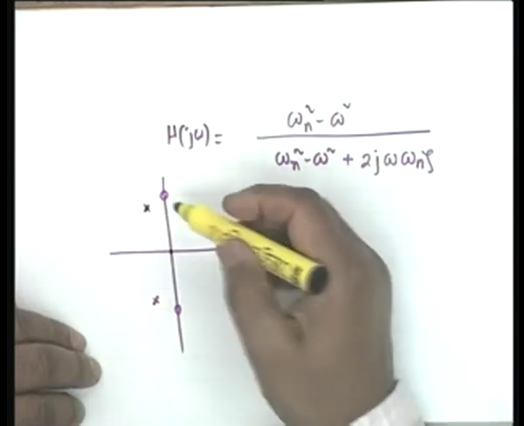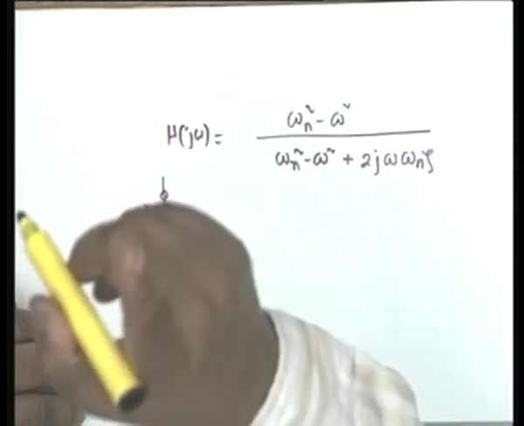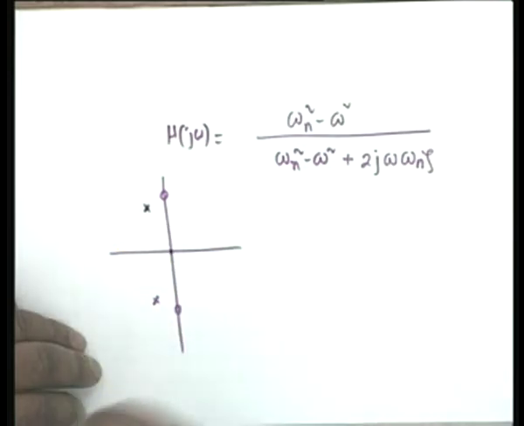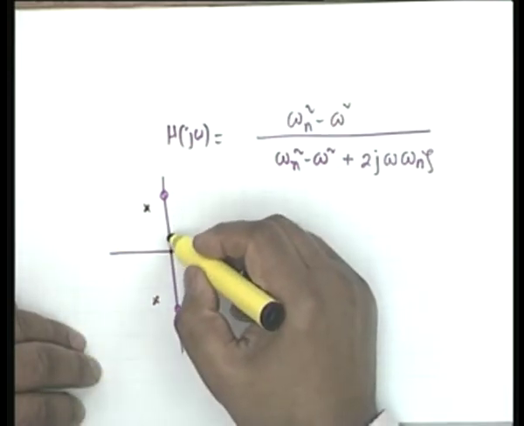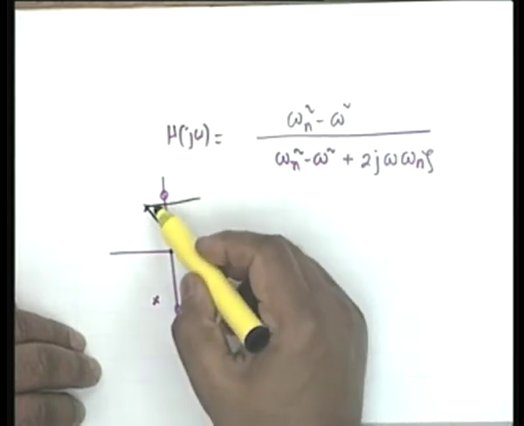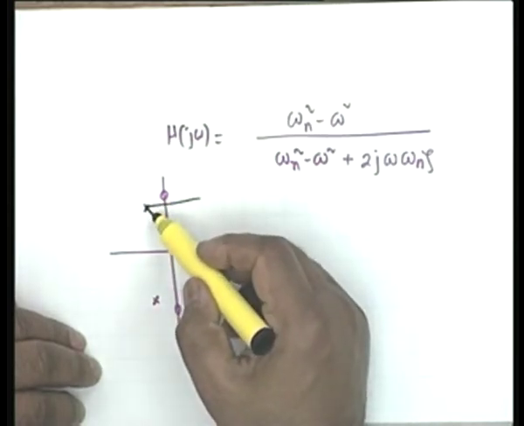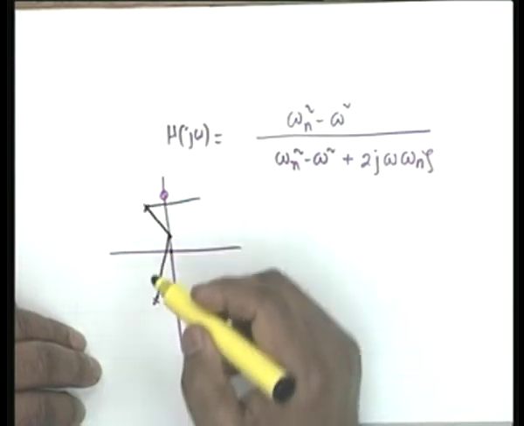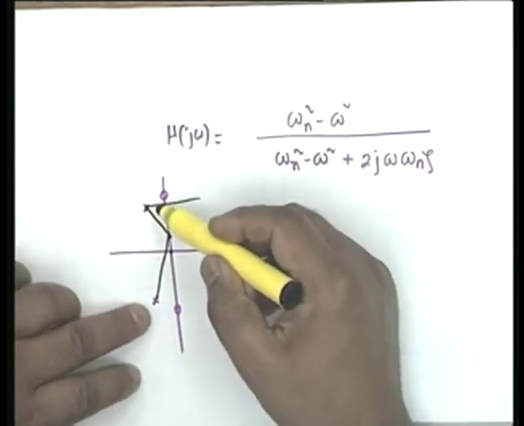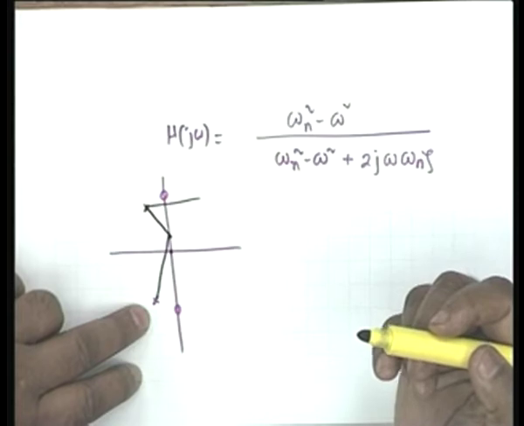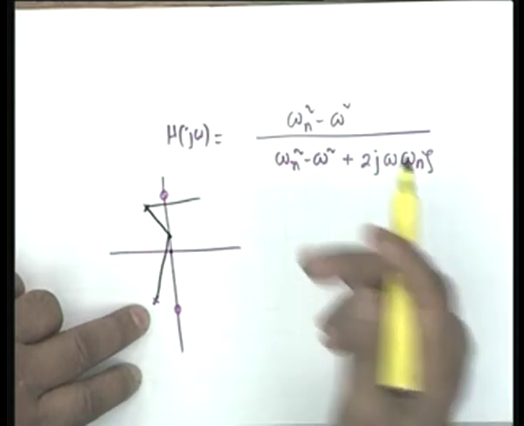At infinite frequency, all vectors tend to infinity, so again the phase is 0. In between, suppose omega is slightly greater than 0, then this angle has decreased, whereas this angle has increased, and therefore the angle due to the two poles is positive, and the total angle would now be negative.